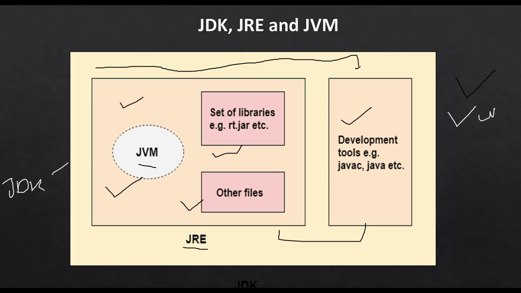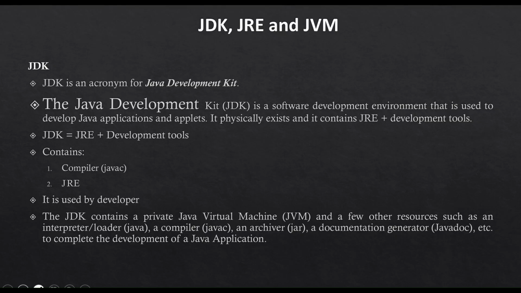After compiling through the compiler, the code is called your bytecode. Then the bytecode is converted into machine code, the code the computer understands. That machine code is produced through the JVM only. So I will explain JDK in a simple manner.